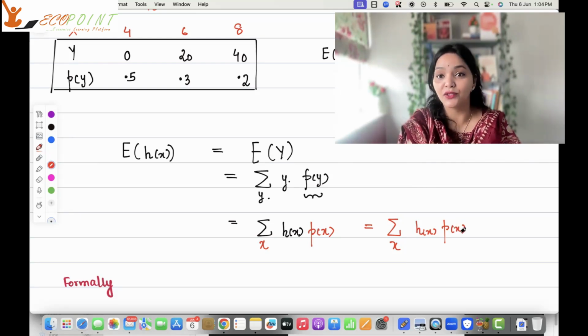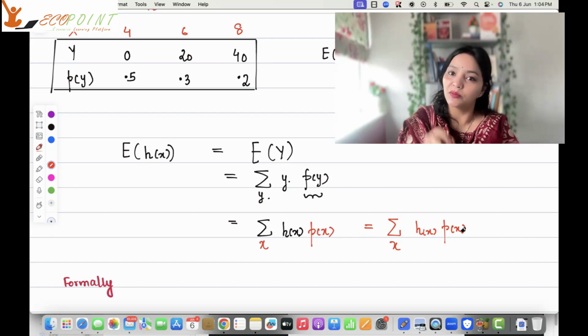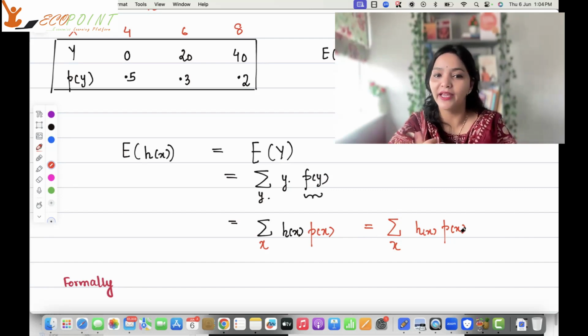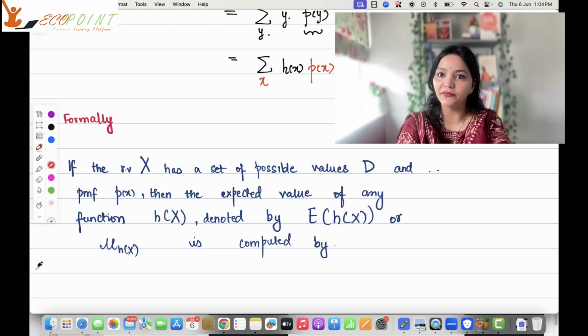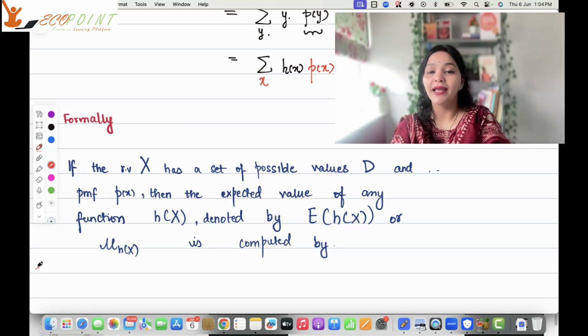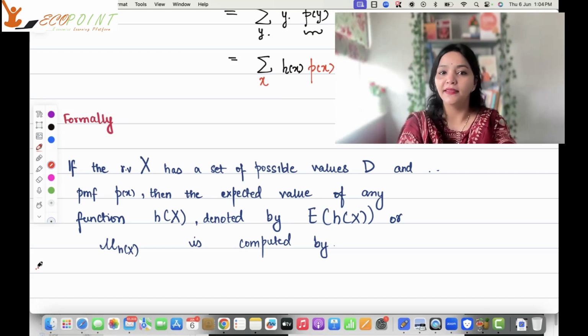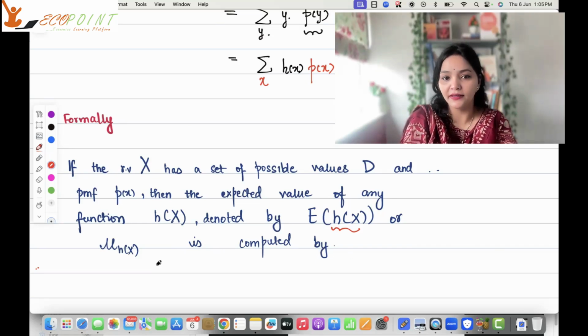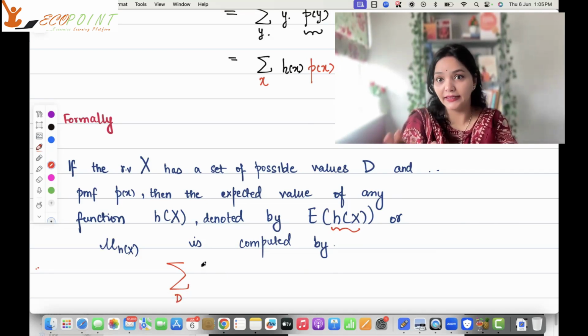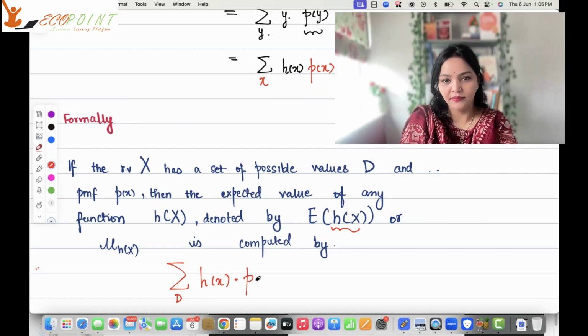The weight that you will attach to every value of this function will be same as the weight attached to every value of x. Formally speaking, if the random variable x has a set of possible values d and probability mass function px, then the expected value of any function hx, denoted by expected value of hx or mu hx, is computed by, for any discrete random variable, summation over all d, the entire domain, hx multiplied by px.